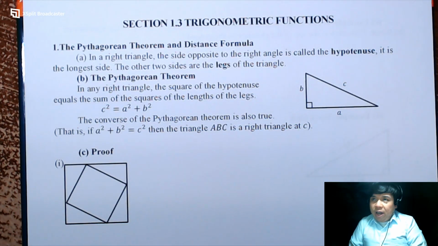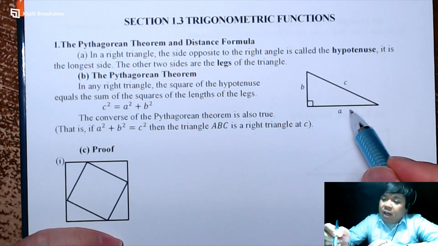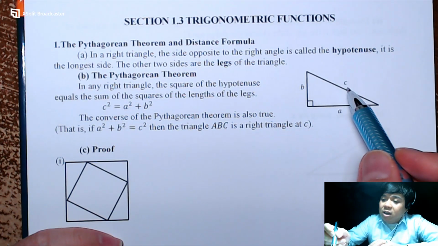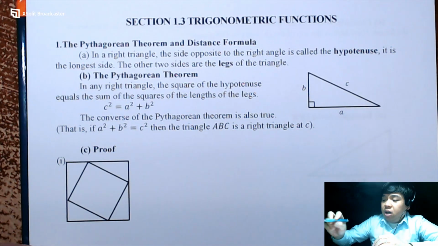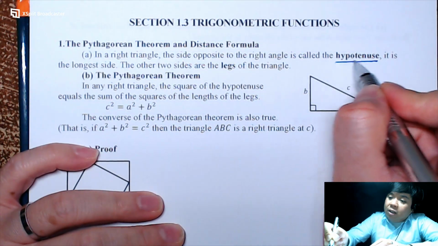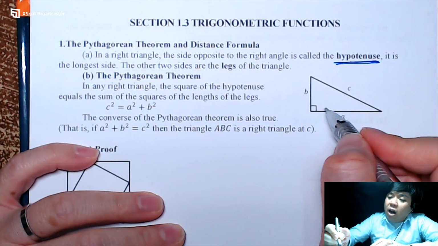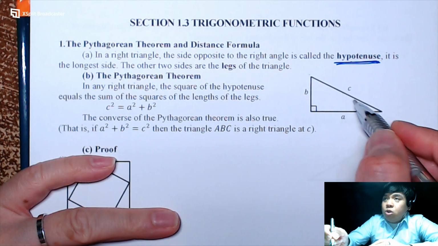So in a right triangle, the side that faces the right angle is called the hypotenuse. Because the right angle is the biggest angle in the triangle, that is also the longest side.